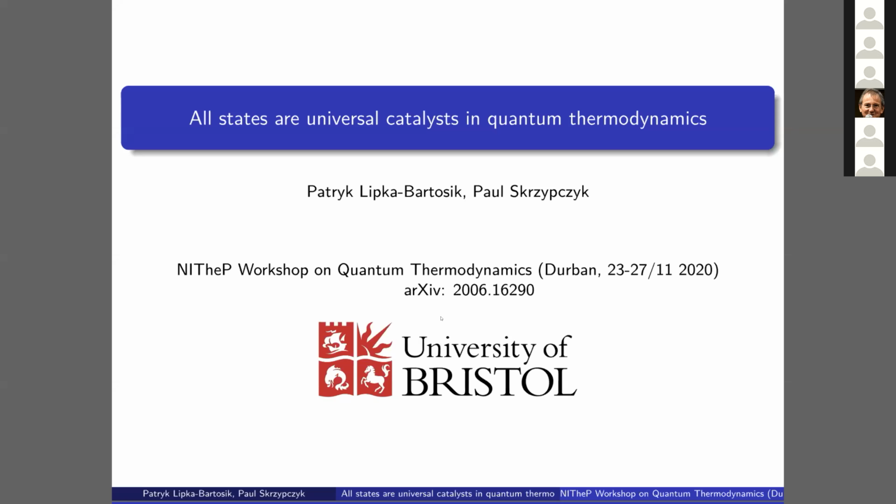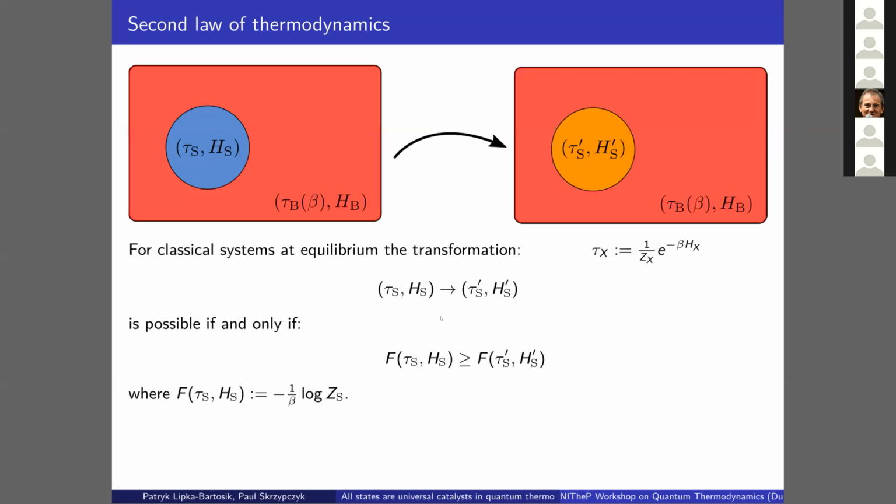Okay, so before I go into the details, let me just slightly recall a very standard problem, which we all perhaps know very well. The standard problem studied in classical thermodynamics, where we start with a system which is in thermal equilibrium with a big heat bath at some inverse temperature beta.